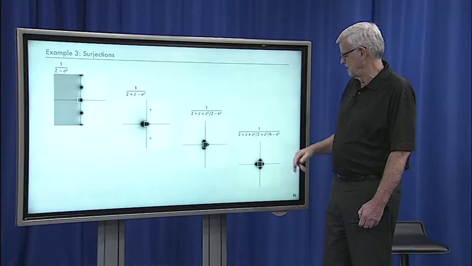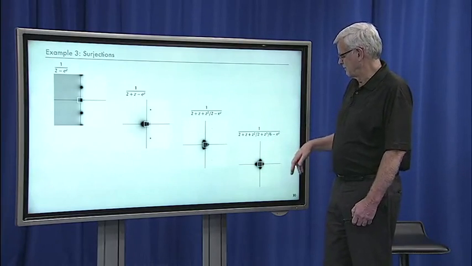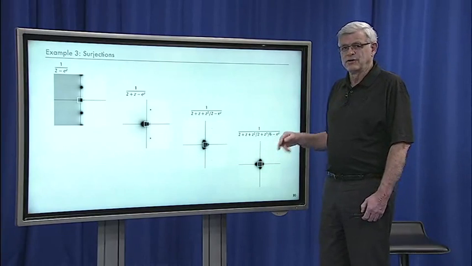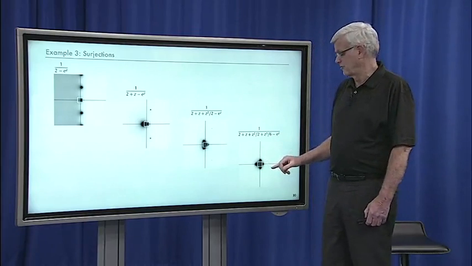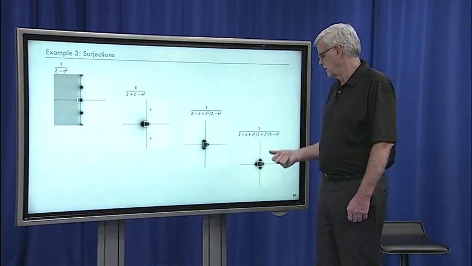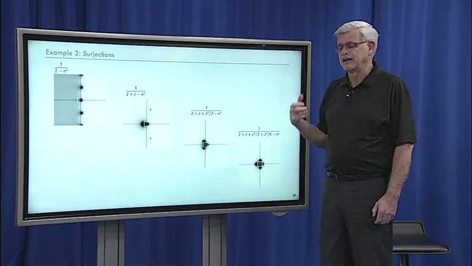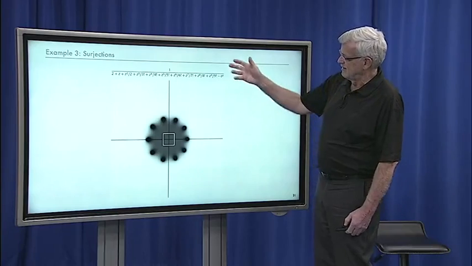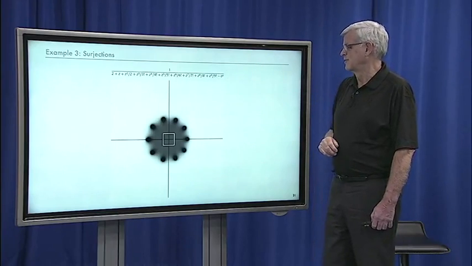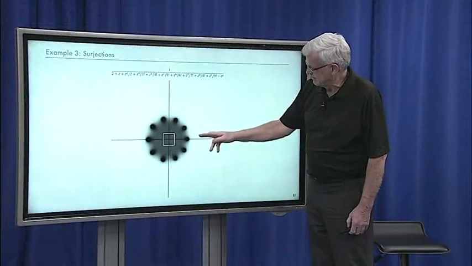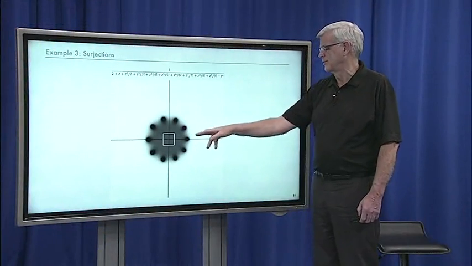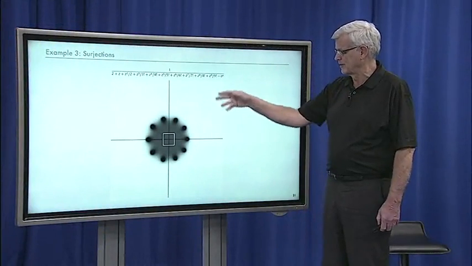It starts to look a little bit more like what we saw for strings, but still there's only one of those poles on the real line closest to the origin, and that's the one whose growth determines completely the asymptotics of the coefficient. And this is a big one for surjections. And with these poles, it actually gets a little bit less accurate. The one on the real line is closer to the origin than all the others.